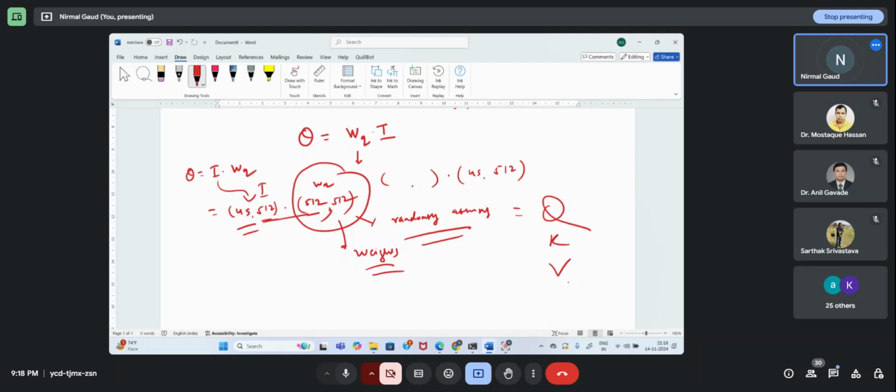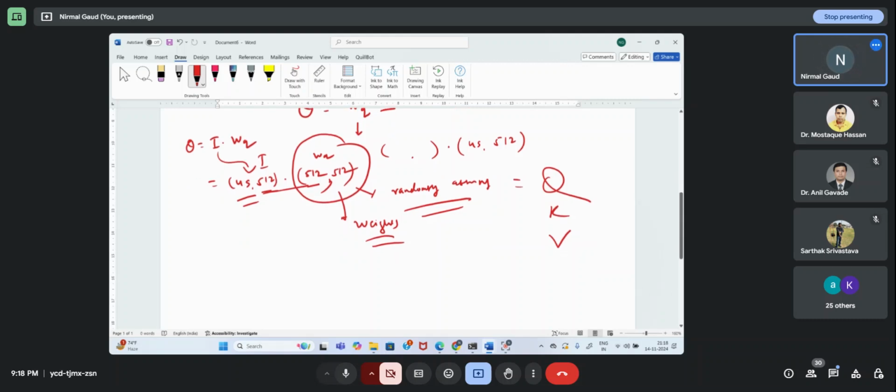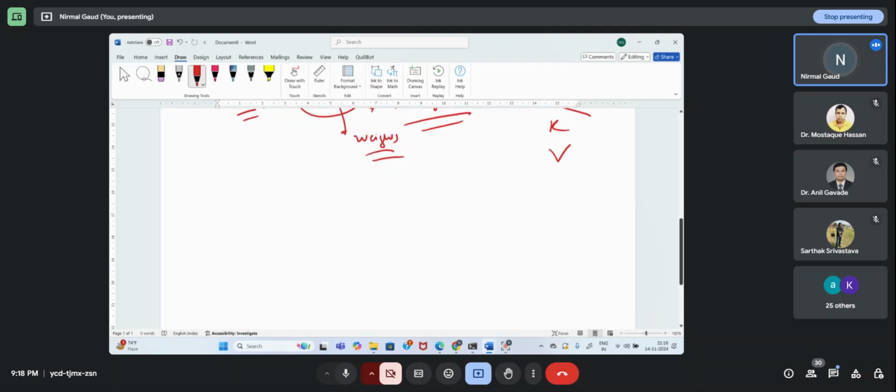And now, after getting all these values of Q, K, and V, what do you have? 49, 512. This is your spatial dimension.